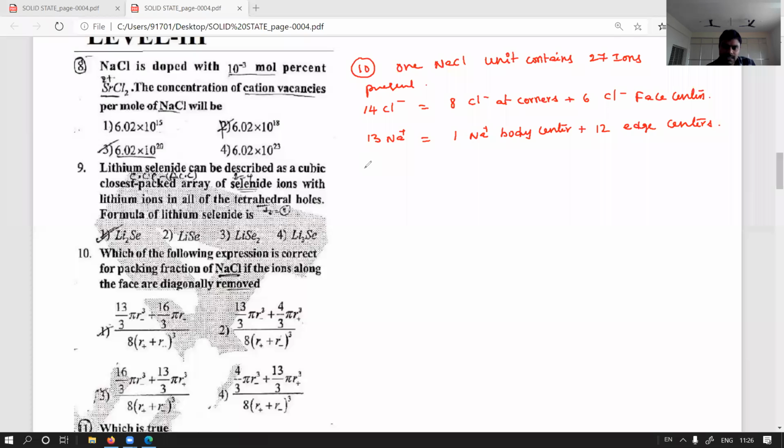Now one face diagonal is missed. Before discussing the packing efficiency, let's see what the volume of the NaCl unit cell is. The NaCl unit cell has an FCC-like structure. Z is equal to 4, means 4 NaCl molecules are present.